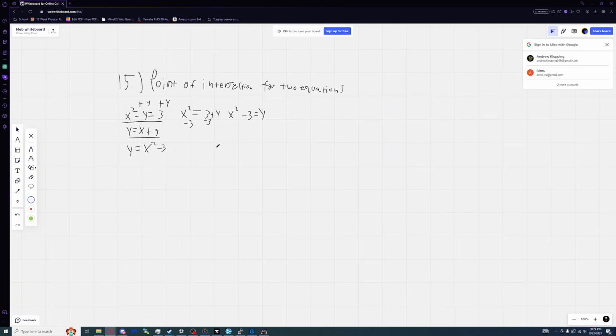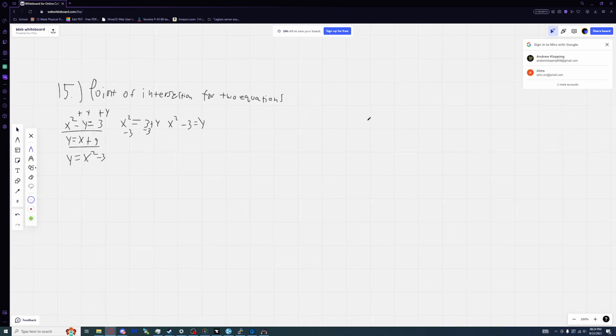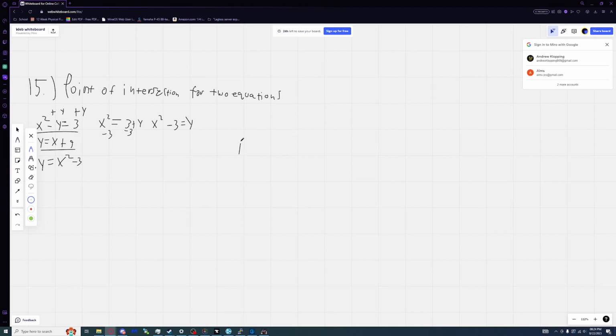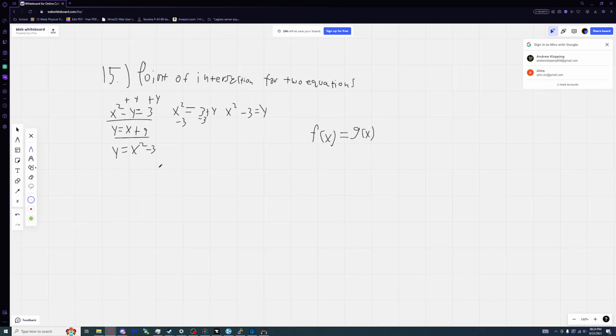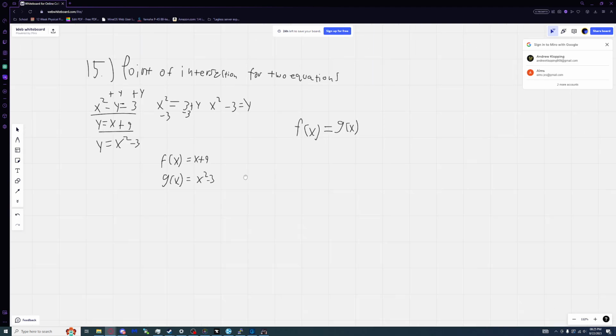And now, to find the point of intersection for two equations, we look at the point where f of x is equal to g of x. So really quickly, I'm going to rewrite these equations where f of x is equal to x plus 9, and g of x is equal to x squared minus 3.